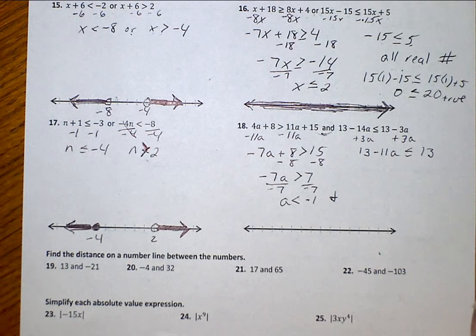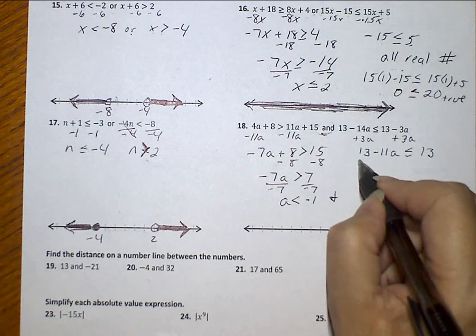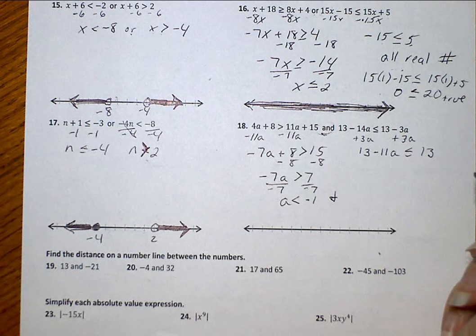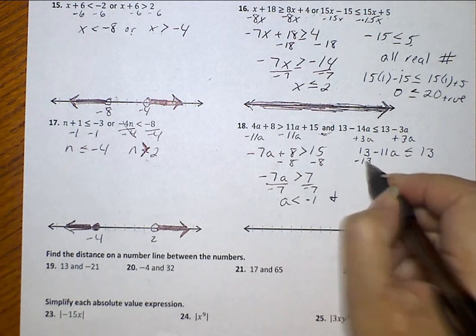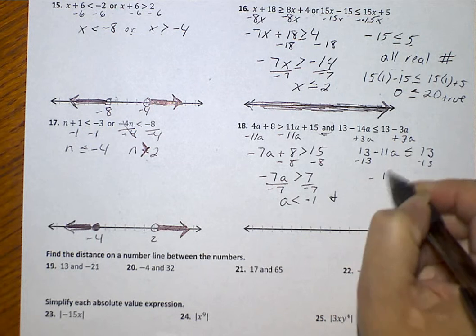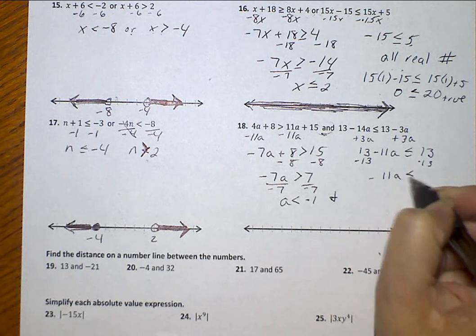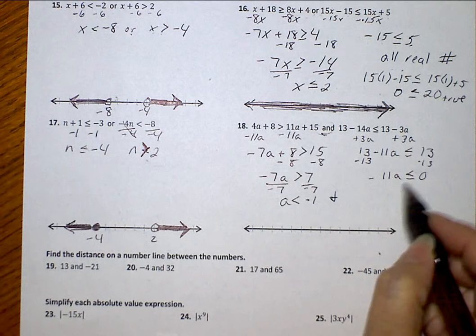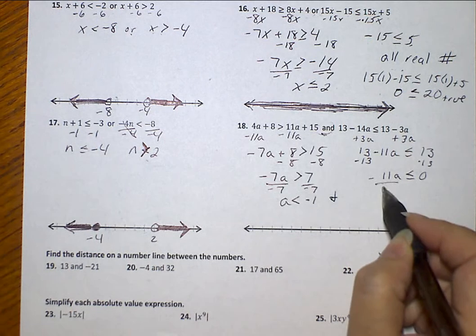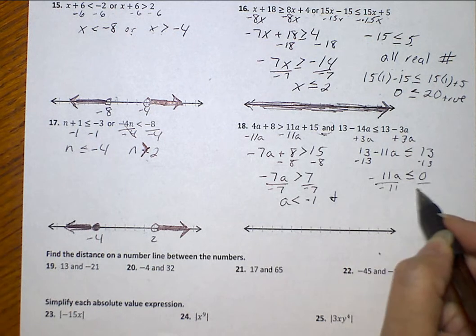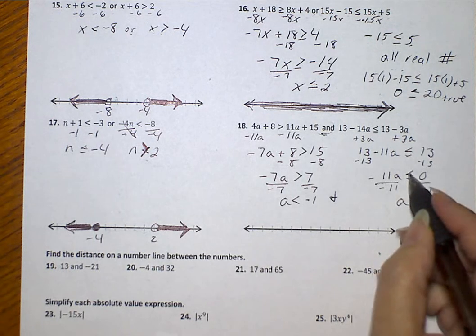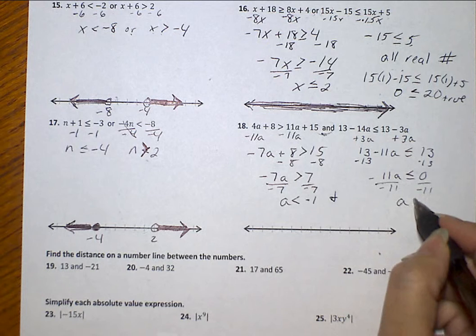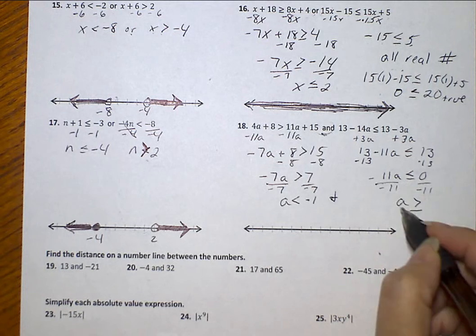What's your next step? Subtract 13 from both sides. So negative 11A is less than or equal to 0. Divide by negative 11. So we have A, and it's dividing by a negative, so we have to flip that sign. So A is greater than or equal to 0.